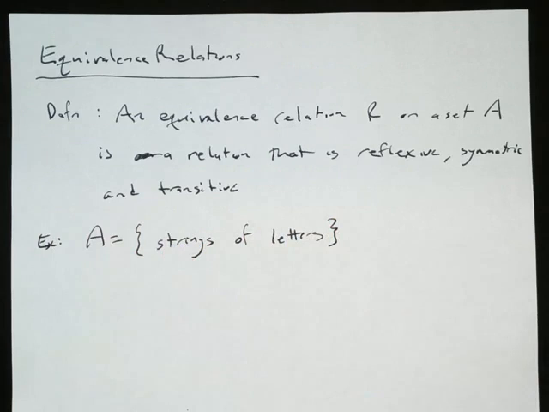Pick an alphabet. I don't care if you use the English alphabet, the Cyrillic alphabet, the Elvish alphabet, it doesn't matter. Within an alphabet, we're going to look at strings. So words, they don't have to make sense. Zizzy makes a perfectly good string of English letters. I don't know what it means.